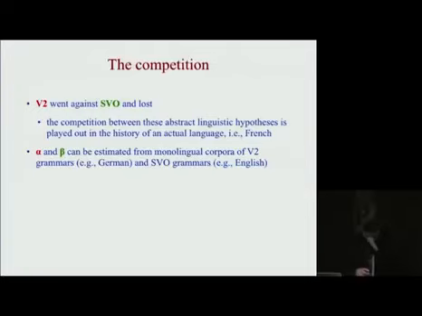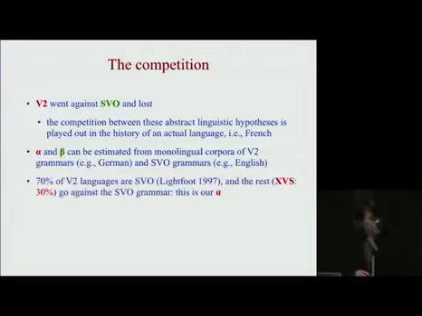It doesn't really matter. You find that, historically speaking, 70% of the V2 languages' sentences are expressions of SVO. So these are just fine with the SVO grammar. It's the sentences with a verb in the postverbal position that are going to clash with the SVO grammar. That's about 30%. So this is our alpha.